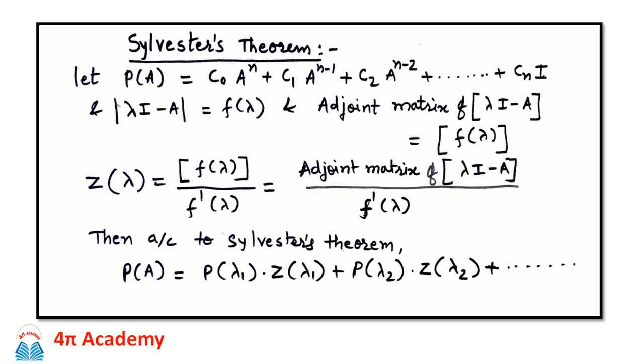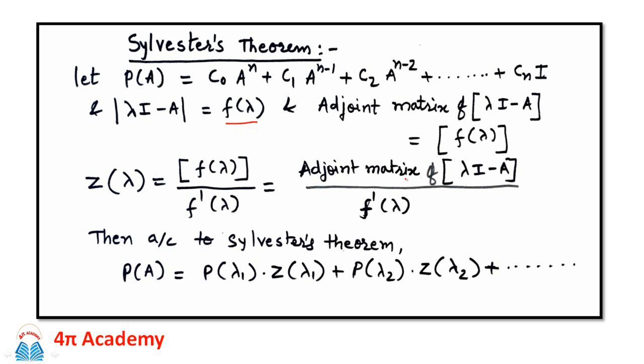and if the determinant of lambda I minus A is equal to f of lambda, and the adjoint of the matrix lambda I minus A is represented as the matrix of f of lambda, then Z of lambda will be equal to the adjoint of the matrix lambda I minus A divided by f dash of lambda, where f dash of lambda is the derivative of f of lambda.